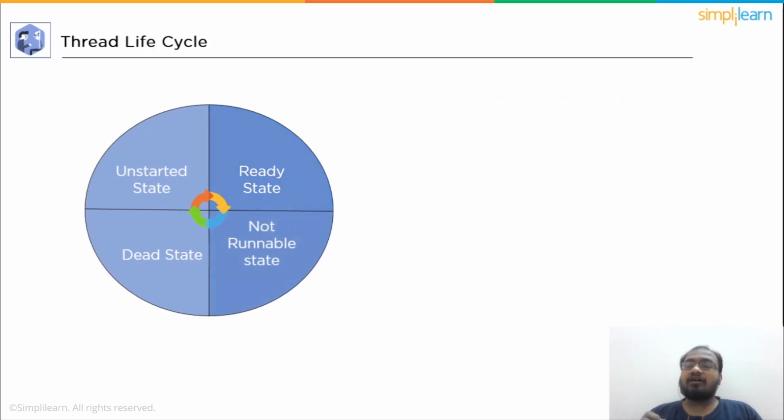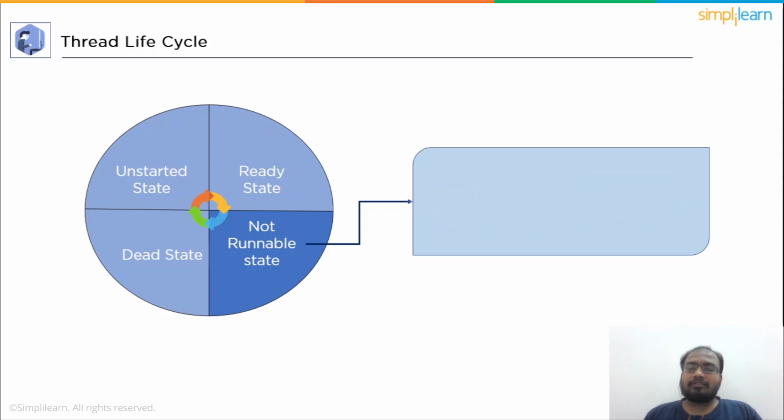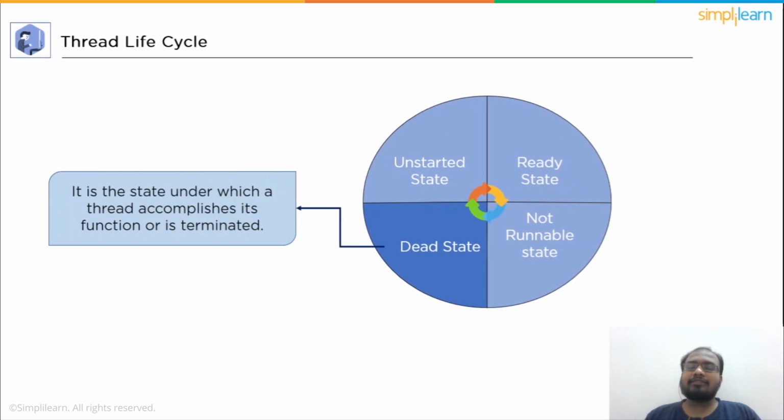Then we have the not runnable state, when a thread is not executable because either the sleep method has been invoked or the wait method has been invoked, or the input activities are causing a bottleneck. Then, at last, we have the dead state. It is the state in which the thread's execution is either completed or aborted.